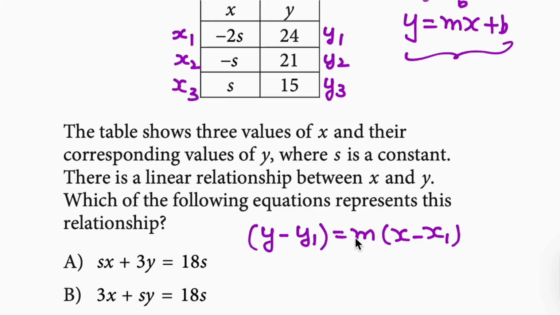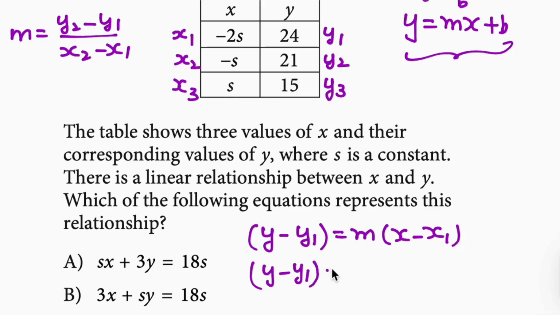And if we are using the x1, y1 point, then m is equal to y2 minus y1 over x2 minus x1, right? You have to be very careful. Sometimes we make a mistake. What is the mistake? This value should be after the negative sign.